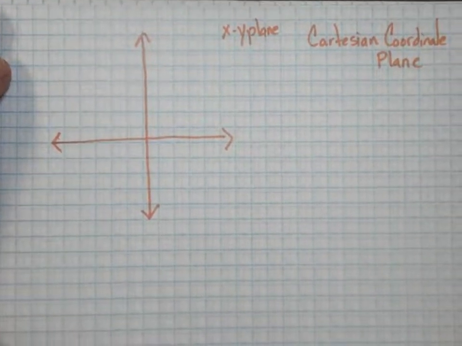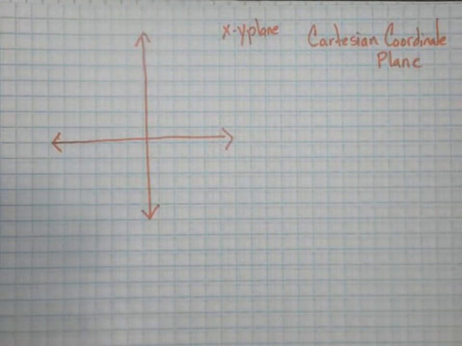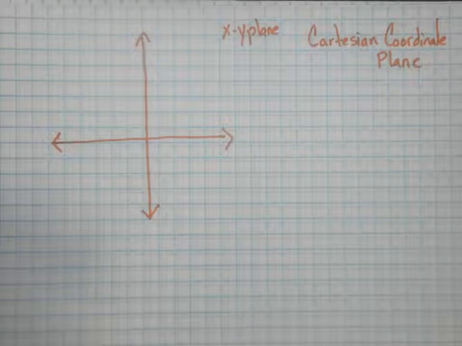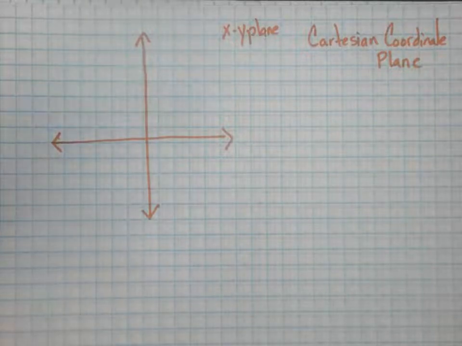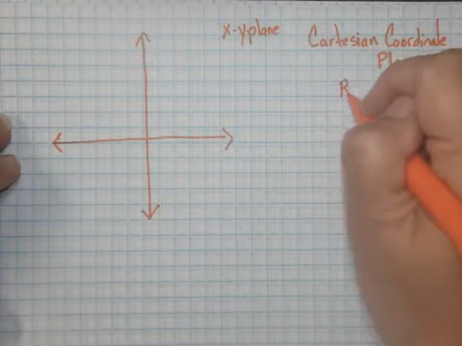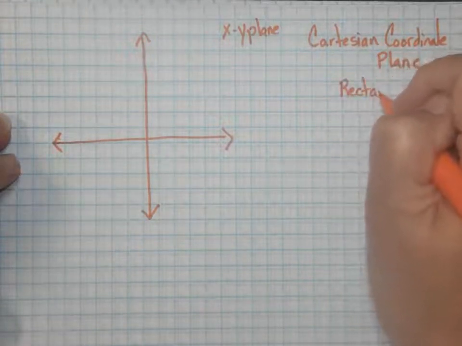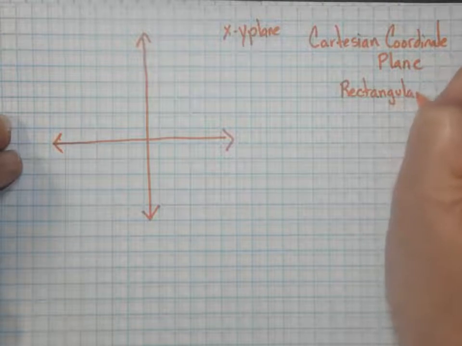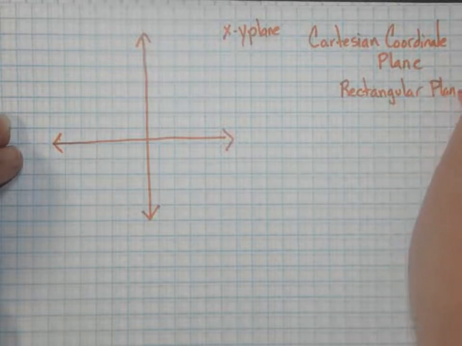If you didn't know that was the name of the thing you've been graphing on for years, it's named after René Descartes. And you may not have heard this before, but it is also referred to as the rectangular plane.